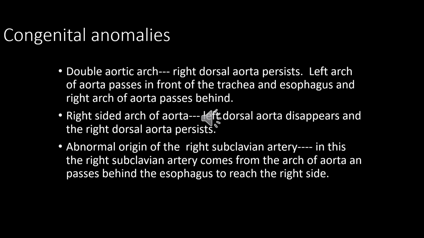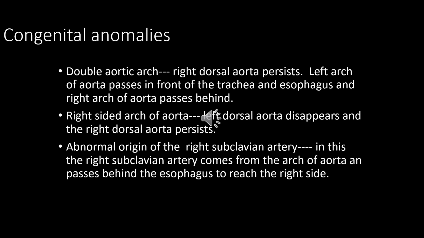So that condition is called the double aortic arch, which is seen in some lower animals. It's a regular feature. And sometimes the right dorsal aorta, instead of disappearing, will persist. So we will see that the descending thoracic aorta, to be precise, will be on the right side instead of on the left.